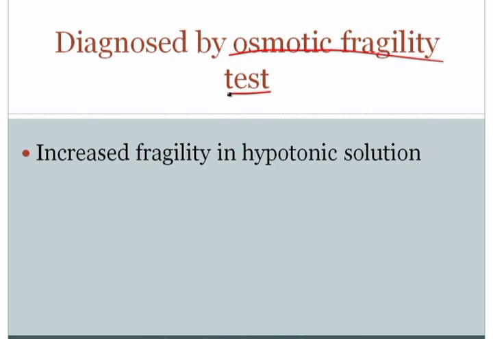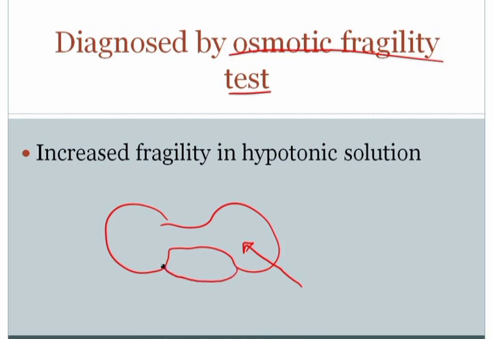And the idea here is that if you have a red blood cell that has its normal biconcave shape, and you introduce this red blood cell into a hypotonic solution, water will come into the cell. And when water comes into the cell, there is some room for this cell to expand here and here because there's an extra membrane pushed in here that can actually expand out both ways before the cell will burst.